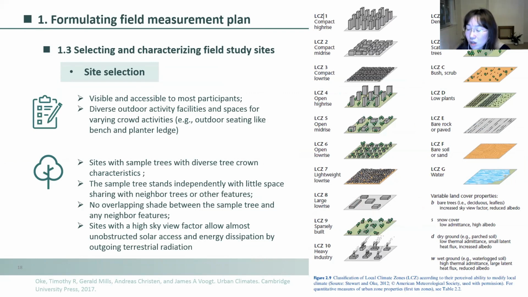For example, if you want to conduct a questionnaire survey in your study, I suggest you consider sites that are visible and accessible to most participants. And if your study focuses on trees, I suggest you avoid surrounding thermal influences on your sample tree.